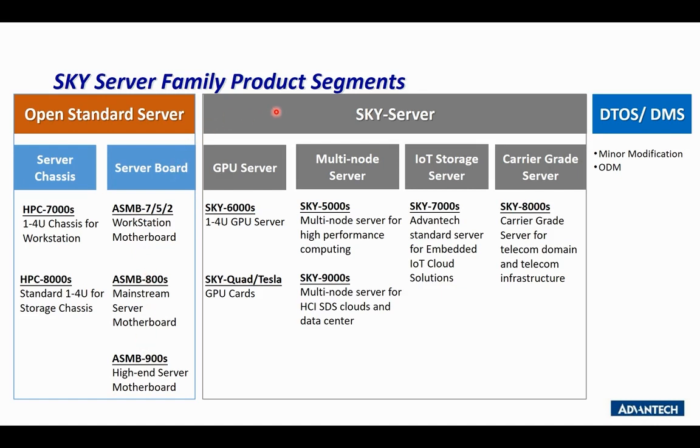The next one is the SKY Server, which also has four series as I mentioned before. Each has its own capability. For example, the 6000 is for GPU, 5000 is for multi-node server, SKY 7000 is the Advantech standard server for cloud solutions, and lastly the carrier-grade server for the telecom domain and telecom infrastructure.